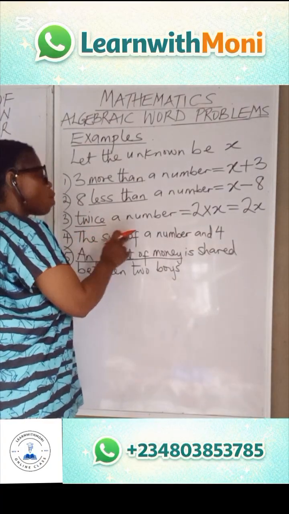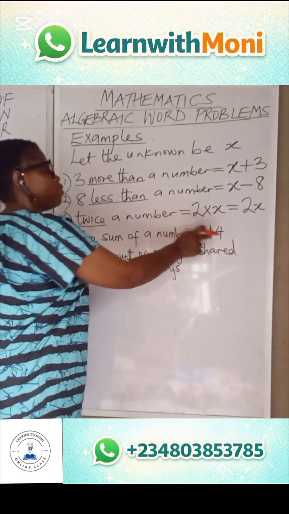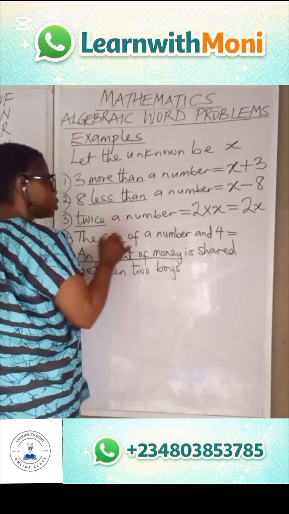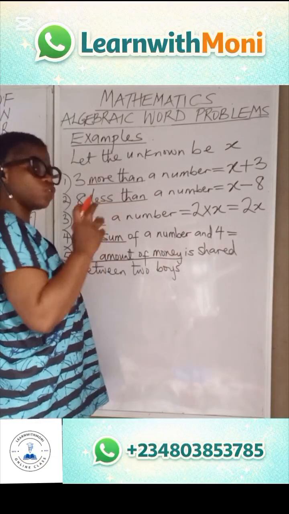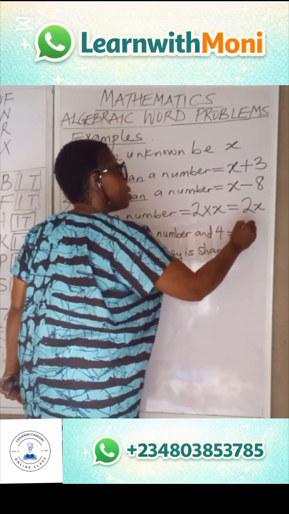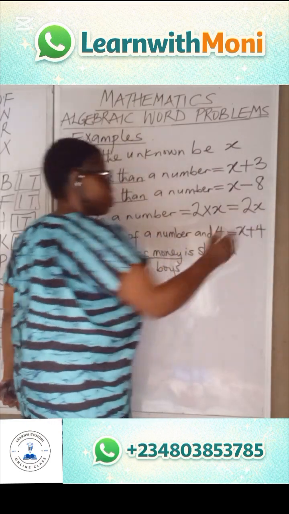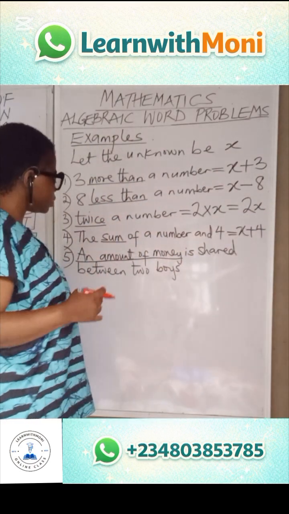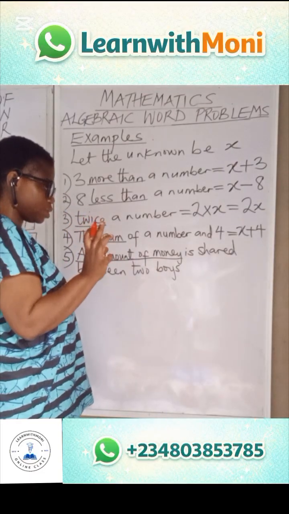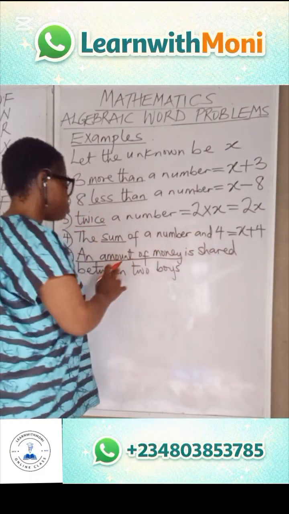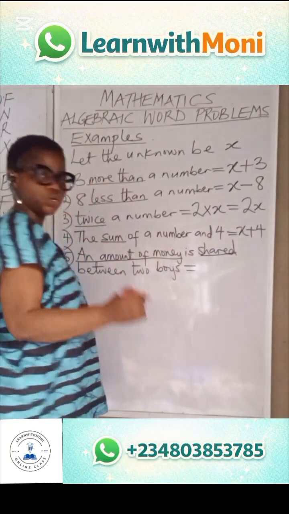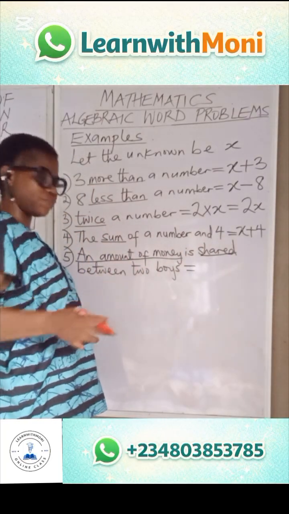The sum of a number and 4. Sum means addition. So when you say sum of a number and 4, it means that number plus 4. This is another one. An amount of money which is unknown, we don't know it, is shared between 2 boys. Sharing means division. To share means to divide.